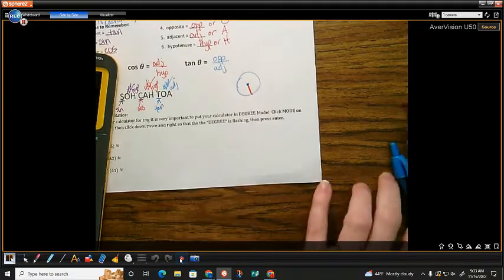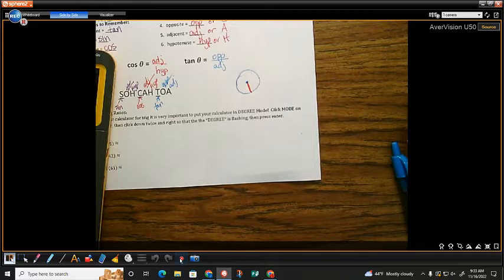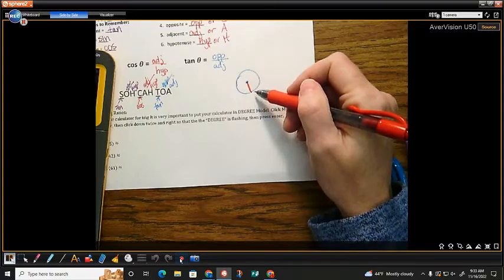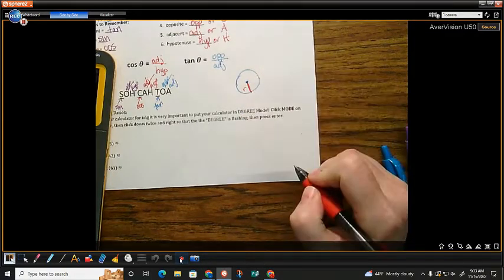But they're not the only thing we measure circles with. Okay? So, circle. What's this red thing? A radius.